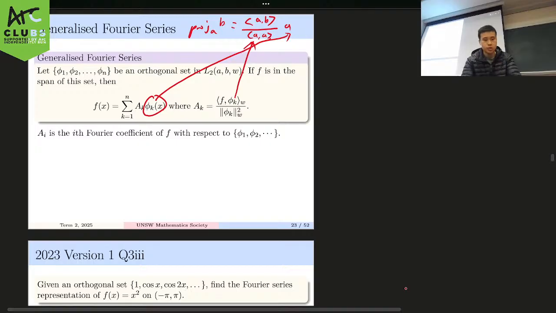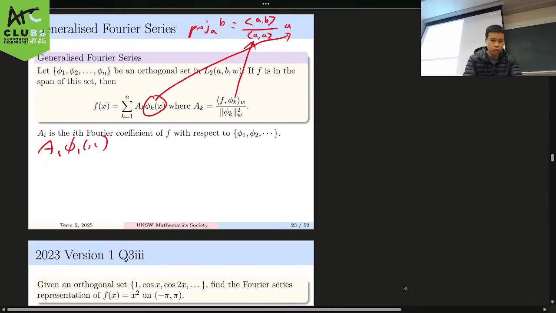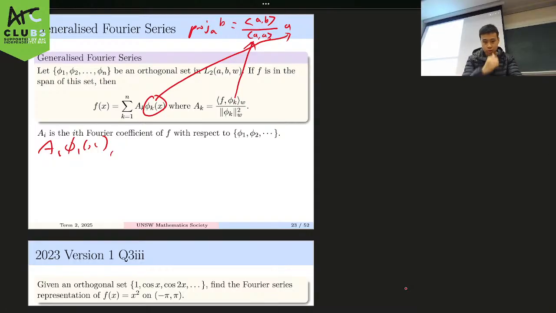Okay. So it's going to be the sum of all of these terms. So let's have a look at A1, sorry, A1 of phi 1 of x. So the first term, literally just this one here, 1. The function itself is 1, but how do we determine the coefficient? Again, that's determined by this.